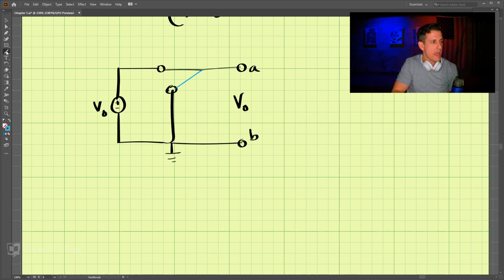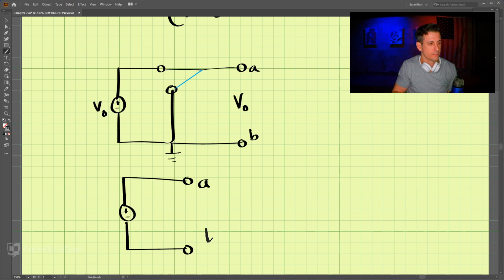If we draw a voltage source here, we can simplify this by just writing A and B and writing this as V naught times the unit step function u of t. And these two are equal.